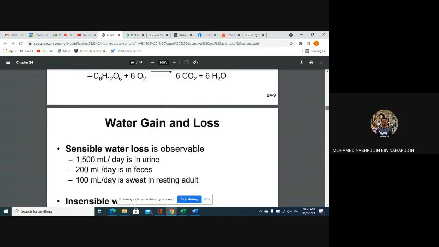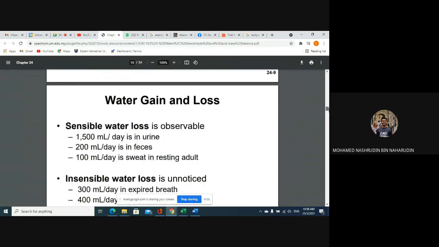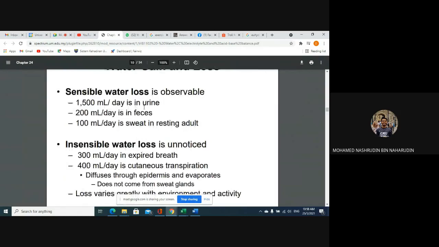So sensible water loss is observed as your urine. 1,500 milliliters per day will be from your urine, and then 200 ml per day is from your feces. Then 100 ml per day is from your sweat at rest.